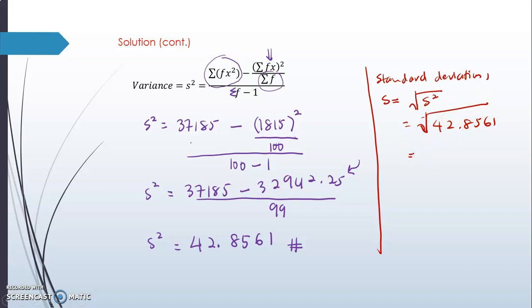The square root of 42.8561 is 6.5465. So this is the manual way to find the value of variance and standard deviation.